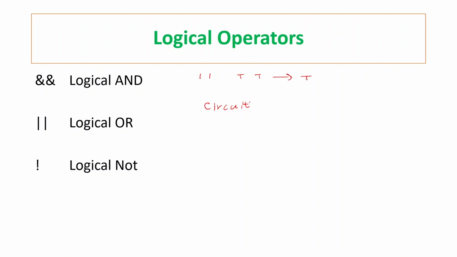Otherwise it will be false. But when it comes to the OR gate, if one is true, then it will return true as the answer. But when it comes to the NOT gate, it will print the opposite, right? If it is 1, it will print 0. If it is 0, it will print 1. That means if it is true, it will print false. If it is false, it will print true.